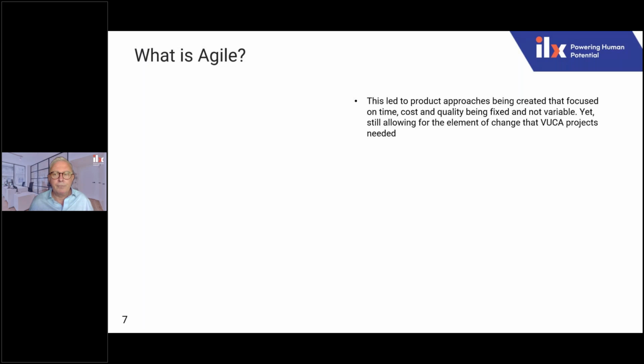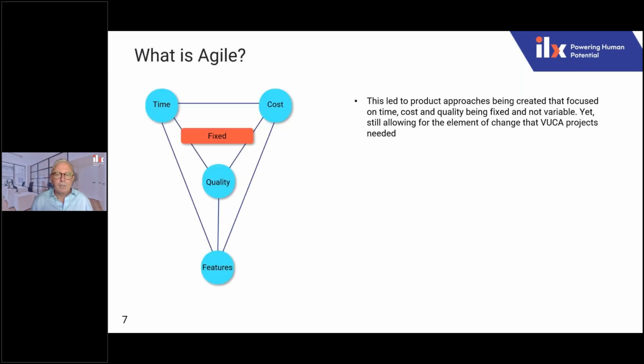And this allowed for elements of change that VUCA projects require. Instead, it's the features that begin to become more variable. Now, we're going to protect those critical, those very important features that we need within a project. But there has to be some flexibility somewhere. So where will flexibility arrive? Time, cost, or quality? Can we afford for any of those to not be achieved?